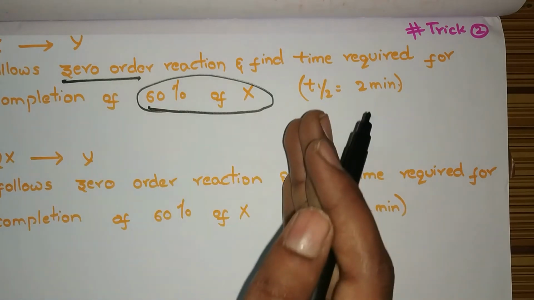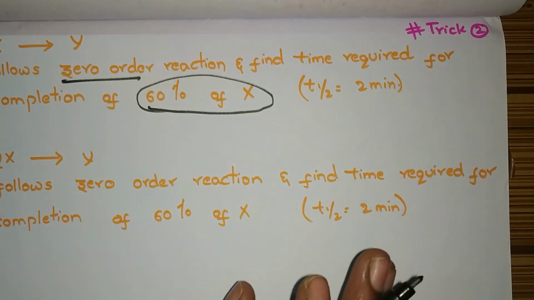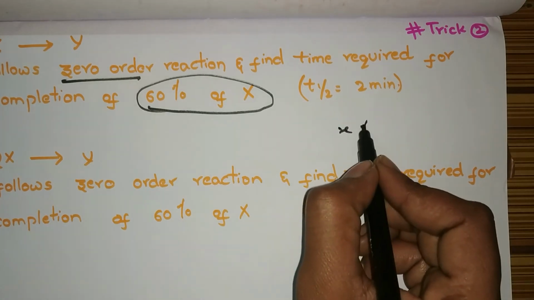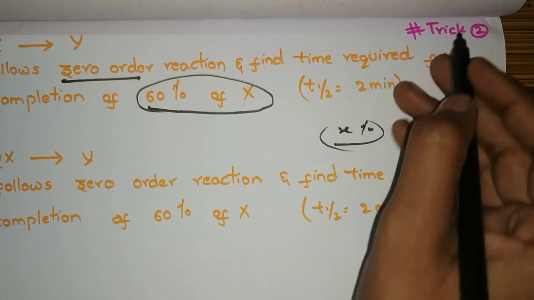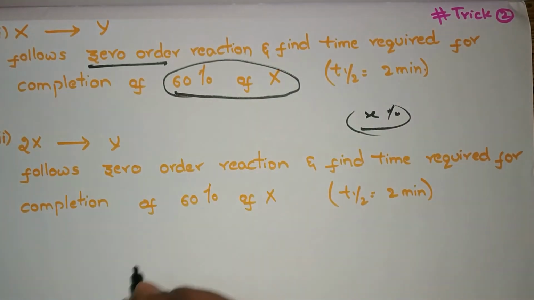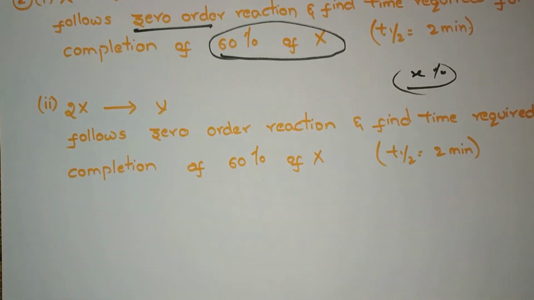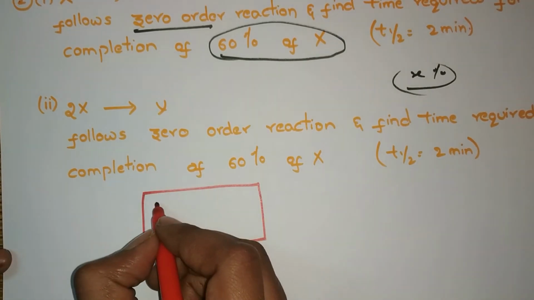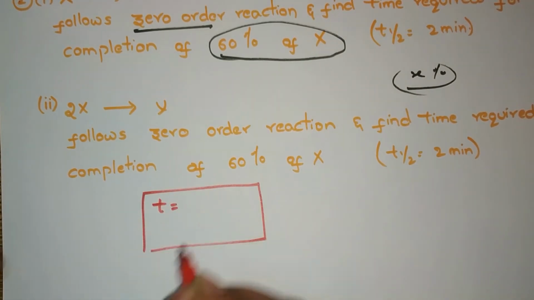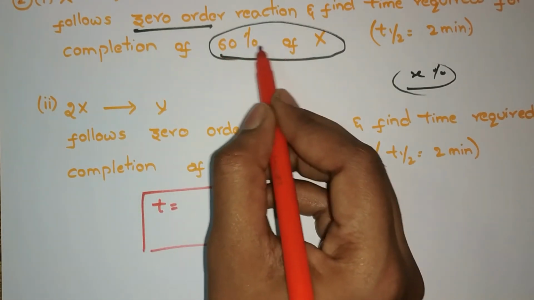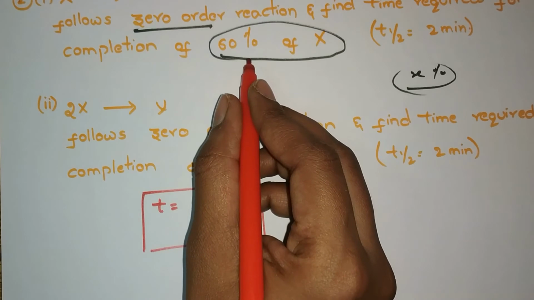Like this, the reaction follows a zero order reaction. How much time will it take to complete X%? For this type of question, this is the trick. See, time is equal to whatever percent they have given. 60% they give.